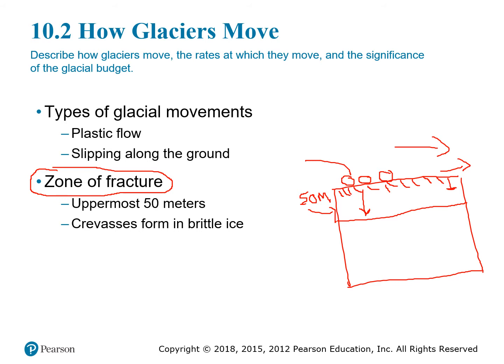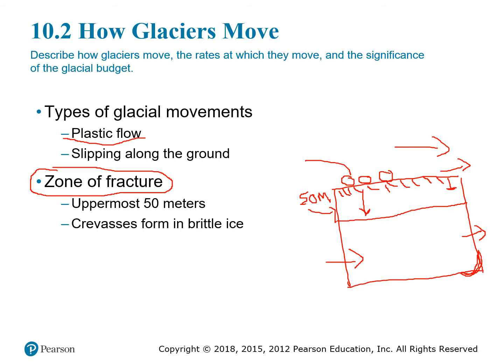And essentially, below 50 meters, this area moves a little differently. The velocity is a little faster in the center of the glacier and slows down wherever it's contacting the ground because of friction. But we refer to this as plastic flow.